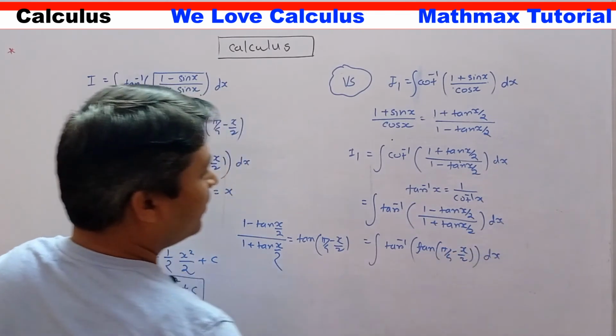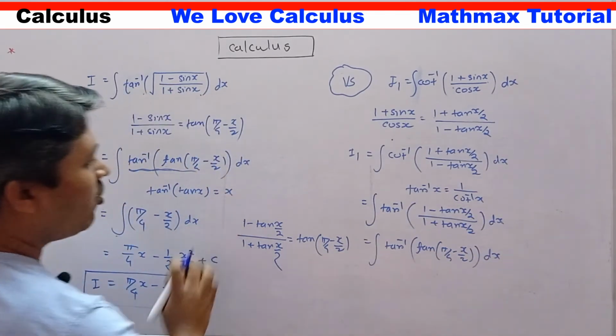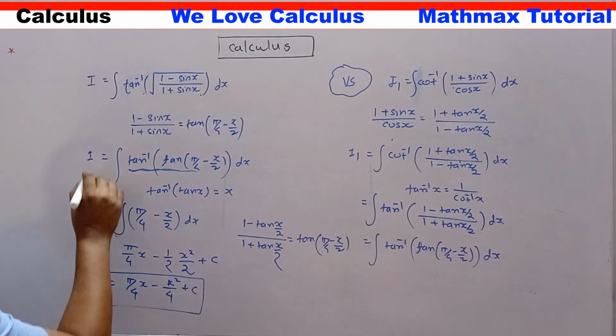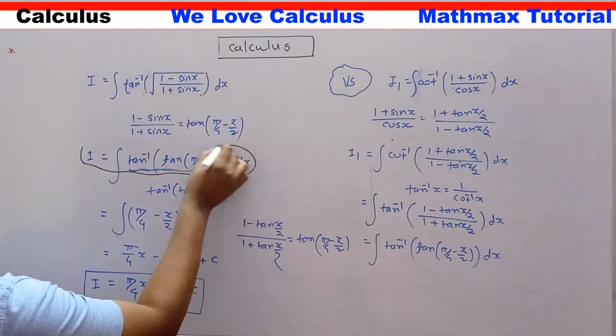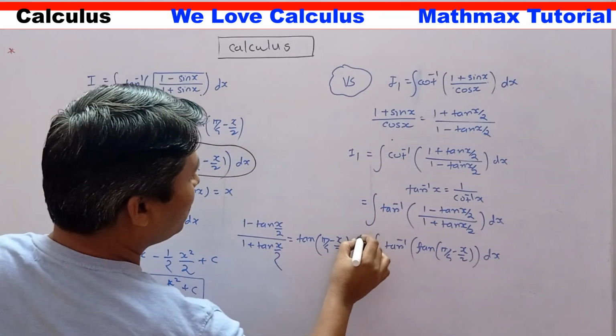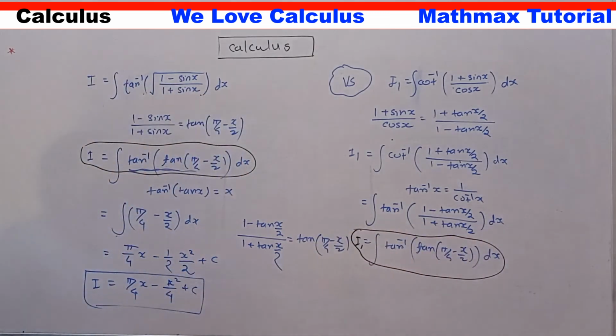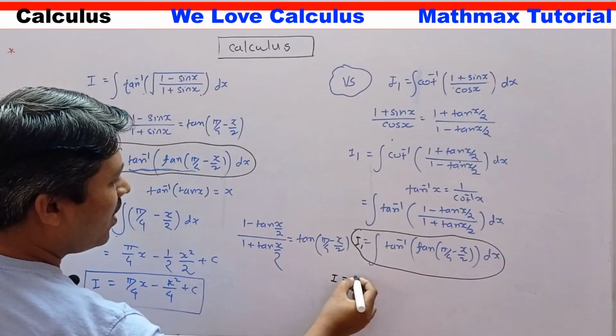Therefore this integral becomes tan inverse of tan of pi by 4 minus x by 2, dx. Now we observe that both integrals, I1 and I2, are the same. Therefore the final solution is I equal to I1.